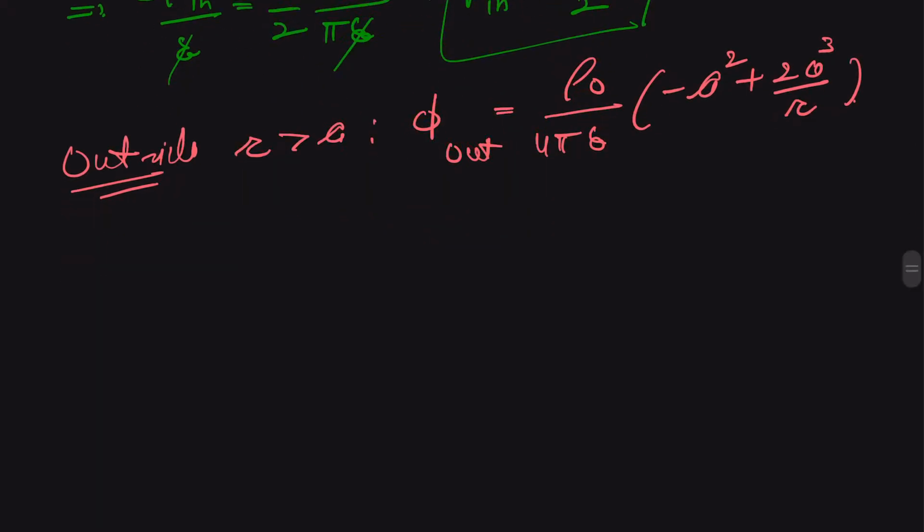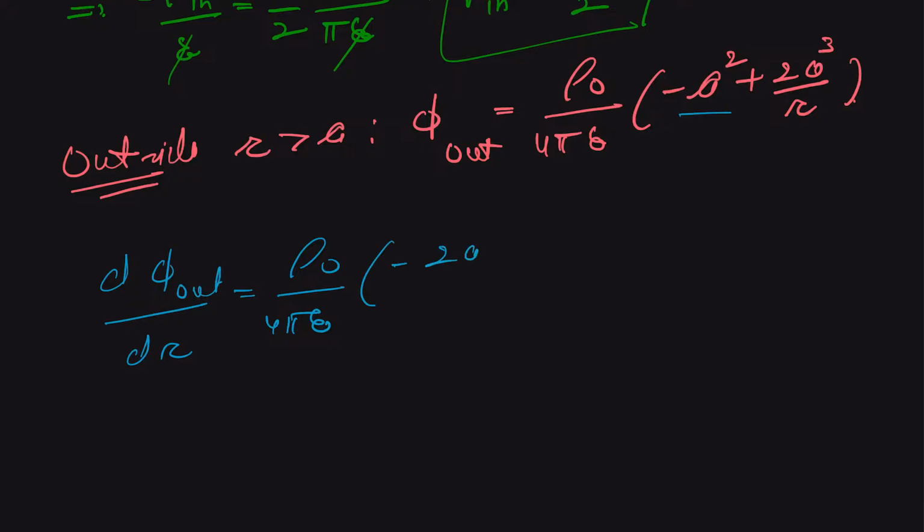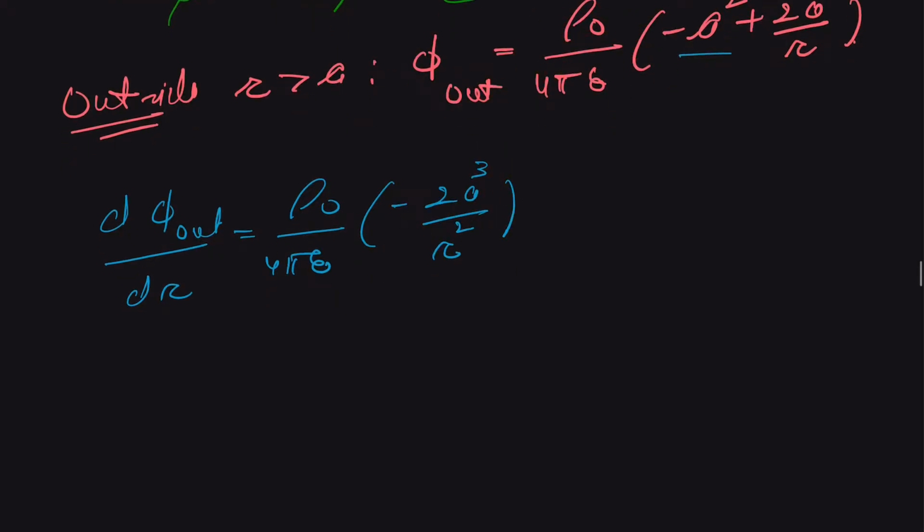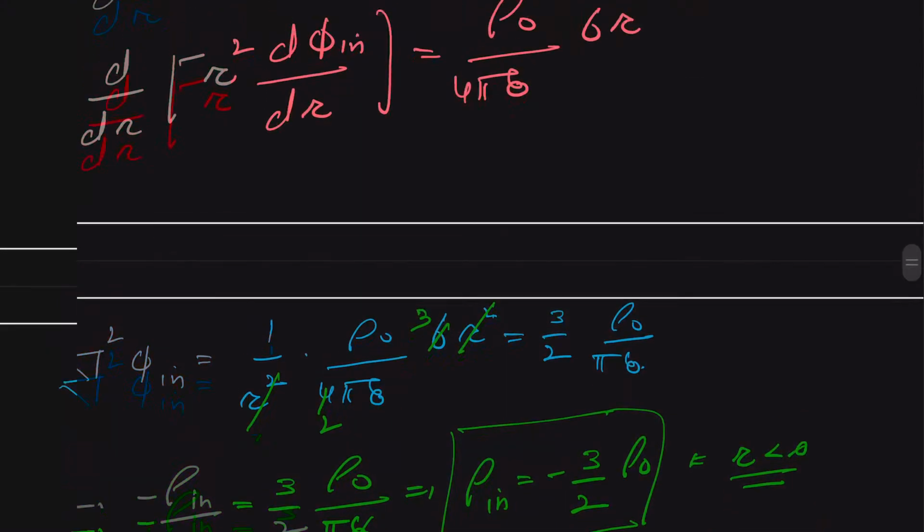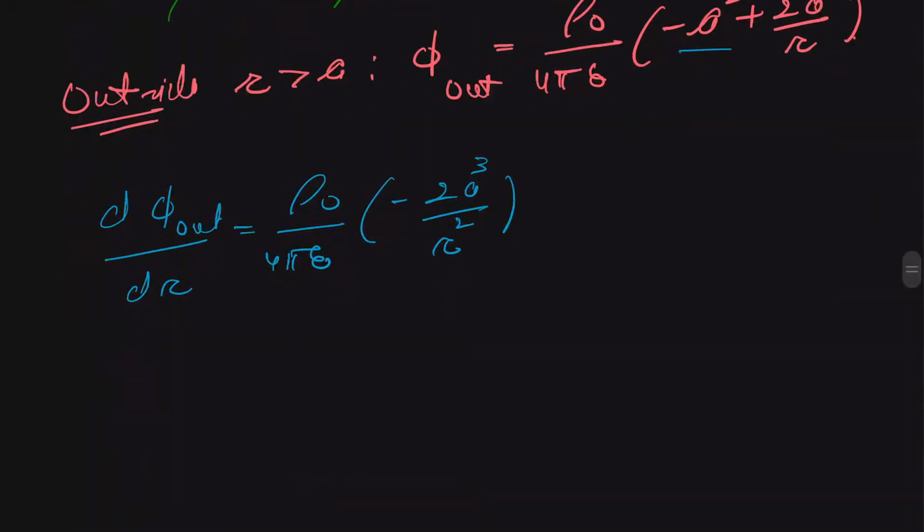So the first part is finding its derivative. The derivative of phi out with respect to r will be rho naught upon 4 pi epsilon naught times, the constant term being 0, minus 2a cube upon r square, and then we have to multiply it by r square.